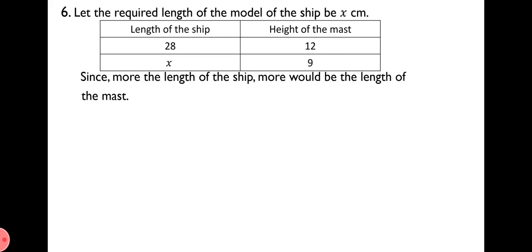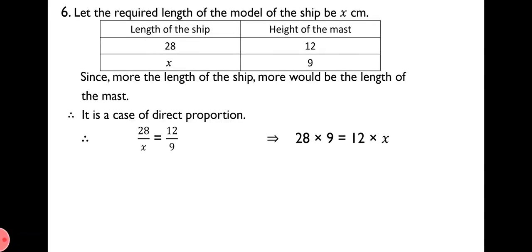Since the more the length of the ship, the more would be the length of the mast. As the ship's length increases, the length of the mast will increase. If the length of the ship decreases, the mast of the ship will also decrease. Therefore, it is a case of direct proportion.